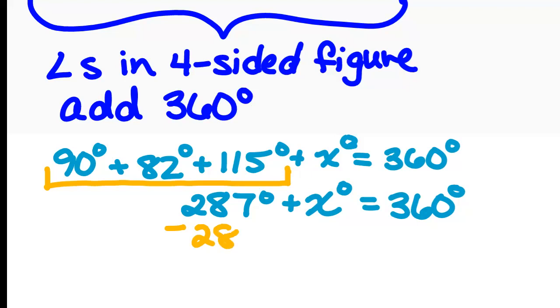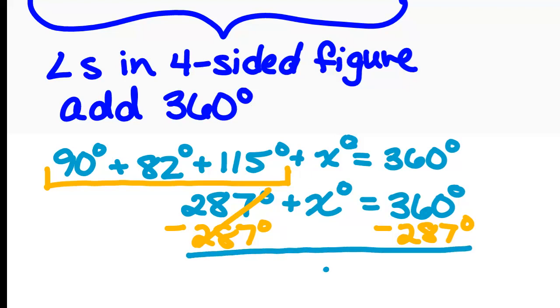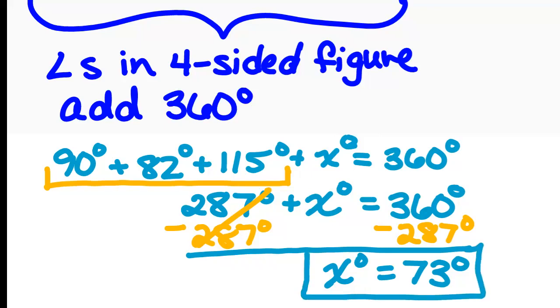Then we need to subtract 287 from both sides. And that means X is how big? 73. So X is 73. Perfect.